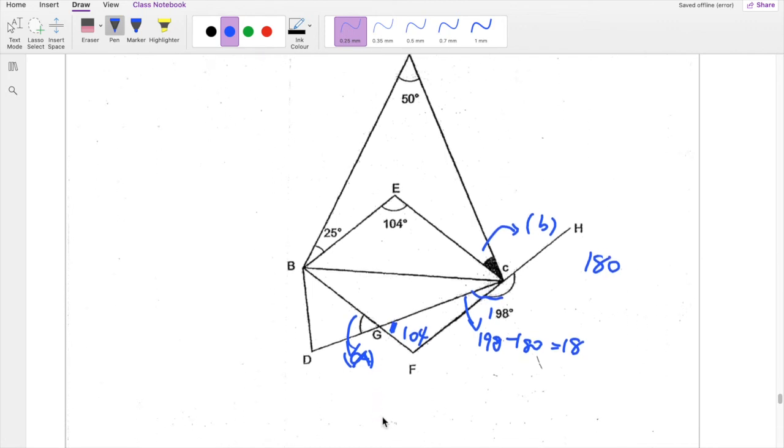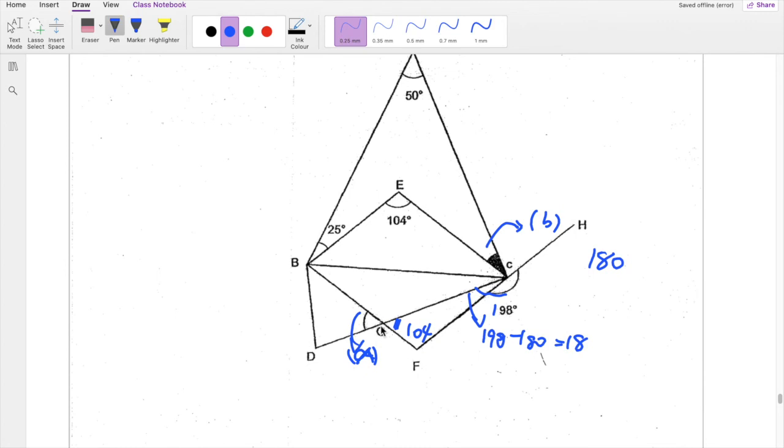Then we can calculate this angle, right? So when we want to find the unknown, we need to, based on the known angles, push on until we find this angle. Can we find this one? No. Then how about this one? Because this one is equal to this one, right? For this one, do we know this one? Oh, maybe yes, this one equals this one. But for this triangle, do we know this one?